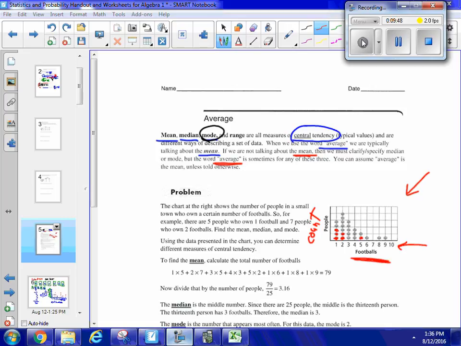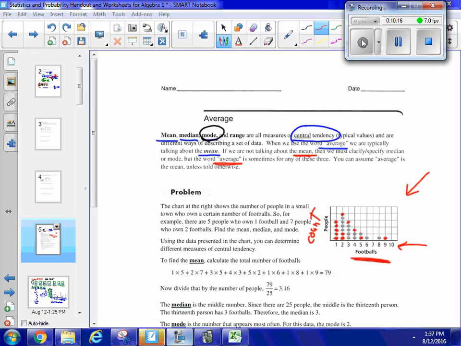So as it turns out, there are 5 people who have 1 football in the house. There are 7 people who have 2 footballs in the house. 5 people who have 3 footballs in the house, 3 people that have 4 footballs in the house, 2 that have 5, 1 that has 6, 1 that has 8, nobody has 7, 1 that has 9.